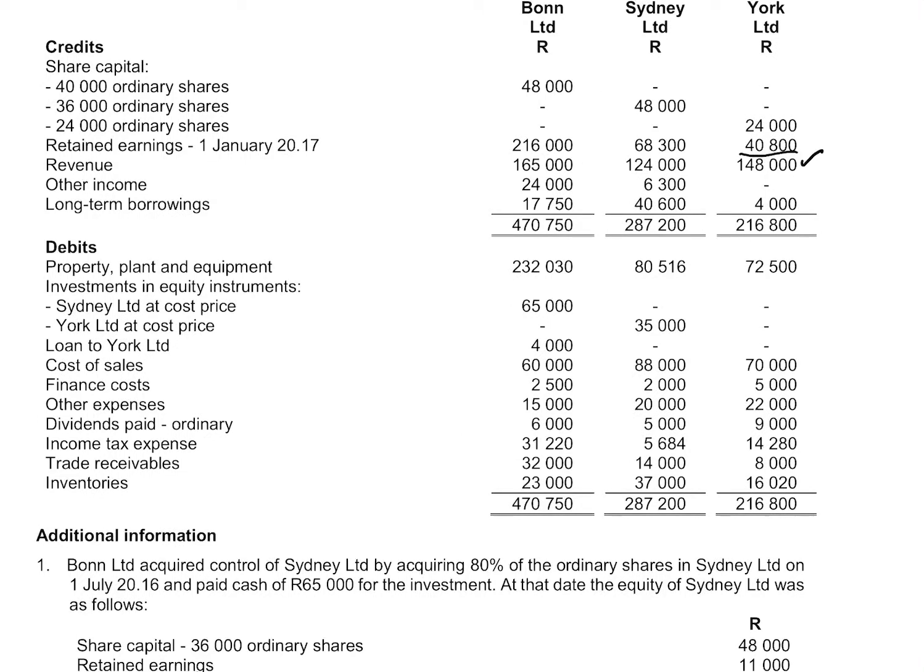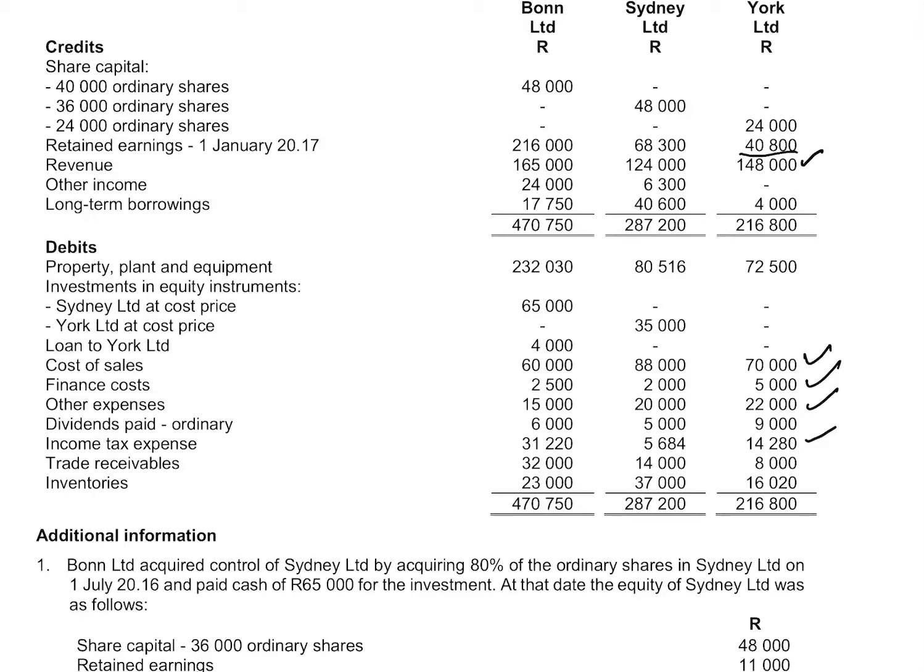There is no other income. Then we take cost of sales, is it 70,000? Then finance cost, we subtract. Other expenses, we subtract. We take out income tax expense of 14,280. Are we together? So it will be 148, 70, 5,000, 22,000, and 14,280. How much total do we get?